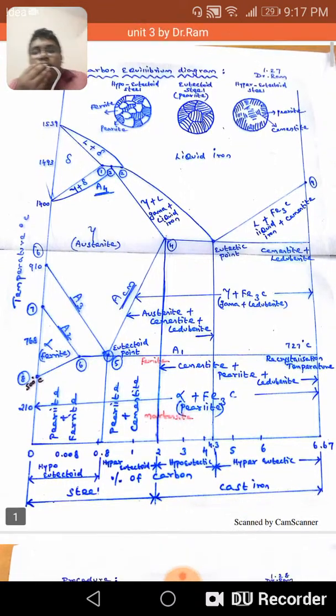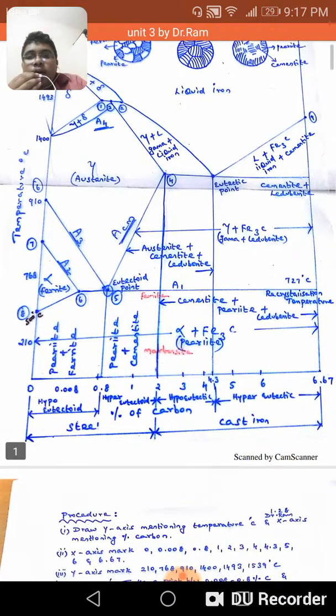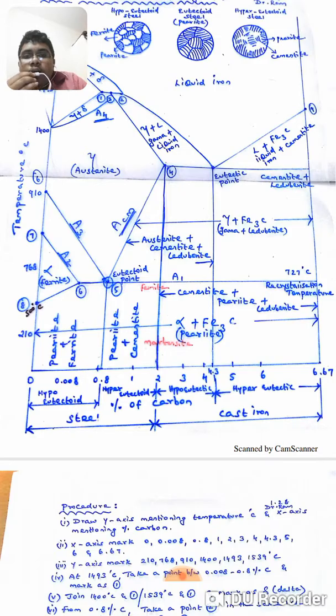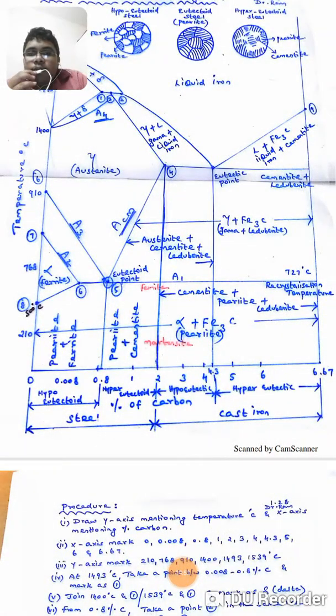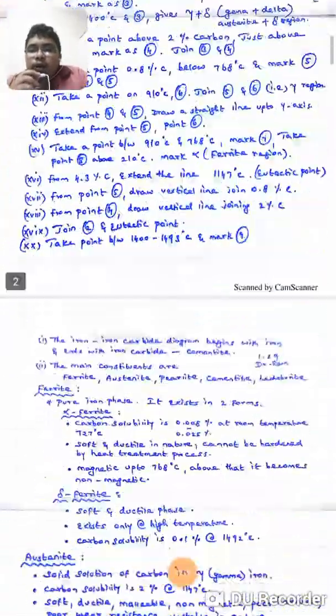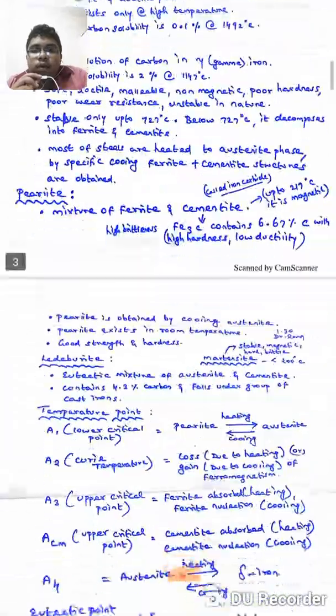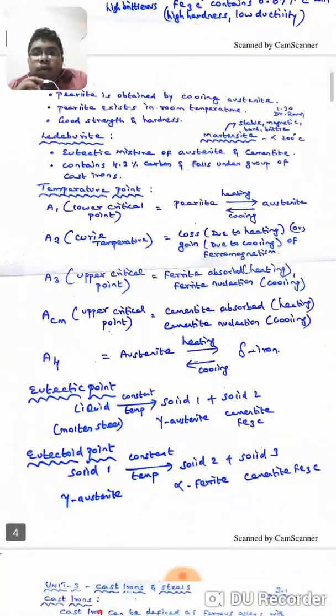The graph has to be drawn as shown on the screen, and if we add less than 2% carbon to iron, it is known as steel, and if we add more than 2%, it is known as cast iron. Thank you. This is all about the iron carbon diagram, the different phases, and the eutectic point and eutectoid point.